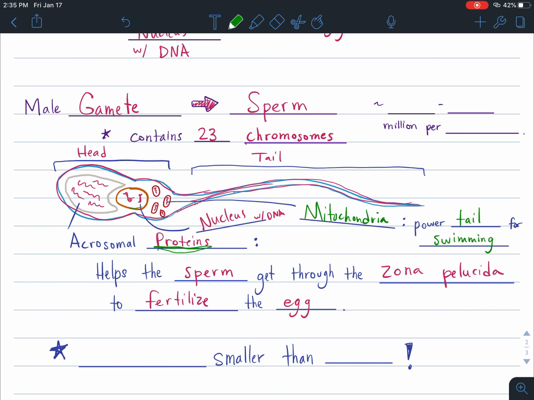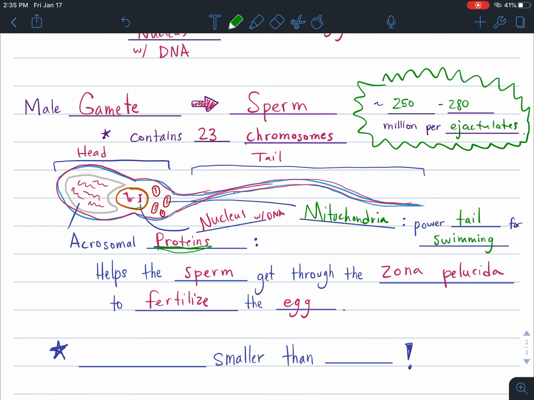Now, something that is mind-blowing is that sperm are much more plentiful than the female gamete, the egg, is. Every single time that a male ejaculates, there is something like 250 to 280 million sperm per ejaculation. So there is a lot, especially when we compare it to the female gamete.